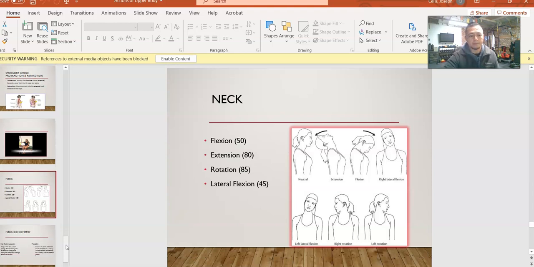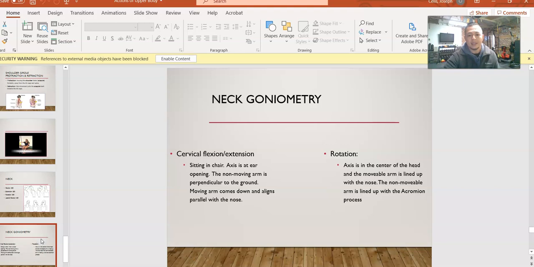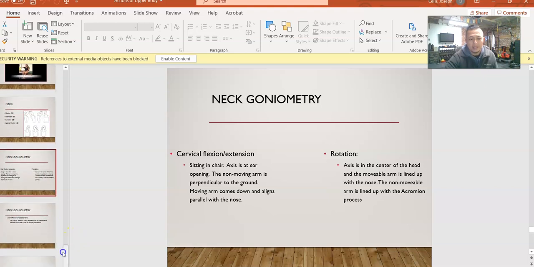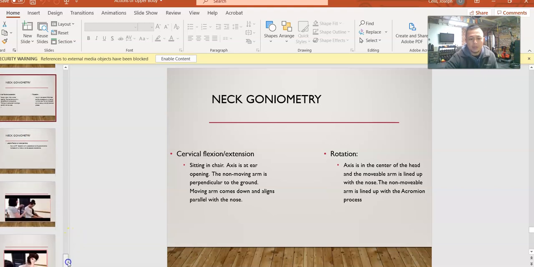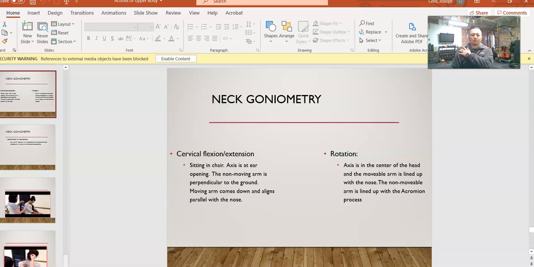Taking a look at neck goniometry here. It's really important to understand, again, that most people do not have equal or symmetrical ranges of motion in their body. You can have greater flexion on one side than the other, and that's completely normal. That's based on activities of daily living, what you're doing throughout the day, how you sit.